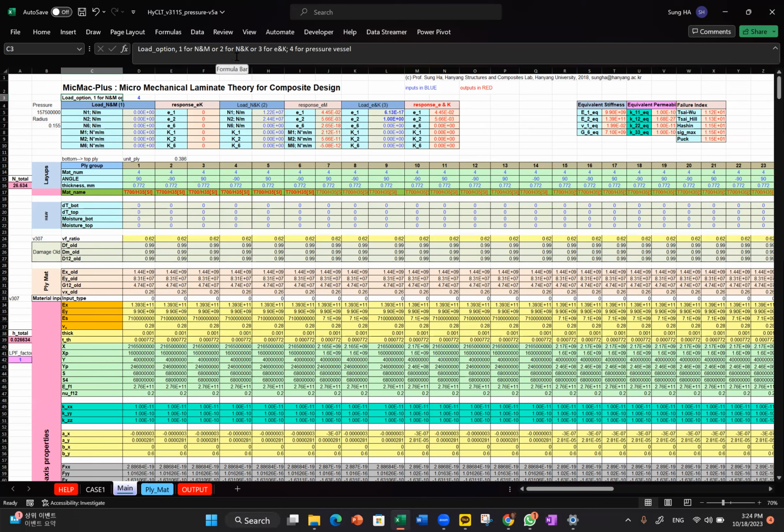K represents the curvature, and 3 is for epsilon and curvature, and 4 means another option.